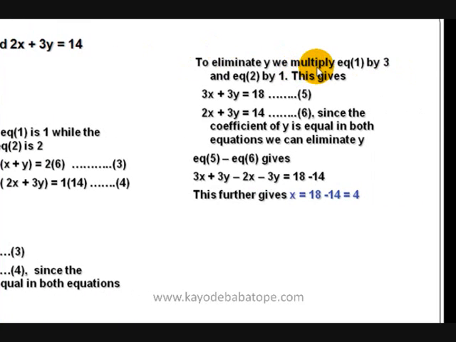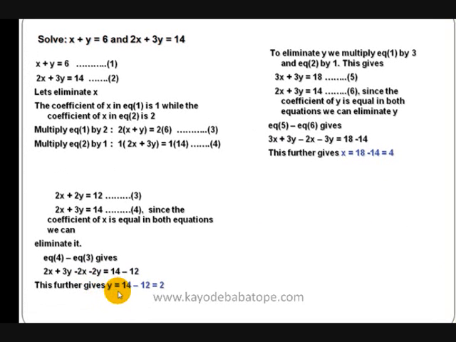That is what we just saw here. To eliminate y, you have to multiply equation 1 by 3 and multiply equation 2 by 1. And that will give you an expression in x. And from there, you can calculate x equals 4. As you already calculated from here, y equals 2. So this is how the elimination method works.